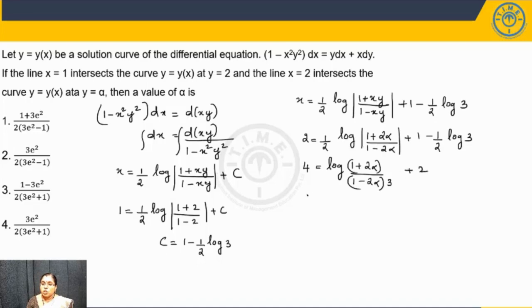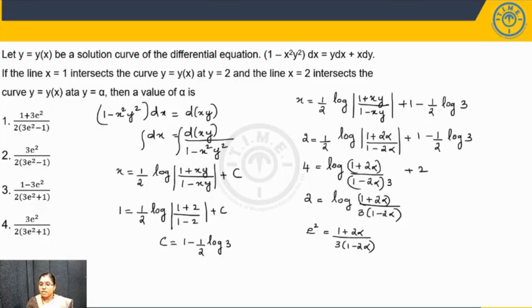That is 2 is equal to log 1 plus 2 alpha by 3 into 1 minus 2 alpha. So taking e to the power on both sides, e square is equal to 1 plus 2 alpha by 3 into 1 minus 2 alpha. Remember, since it is modulus, it can be plus or minus e square.